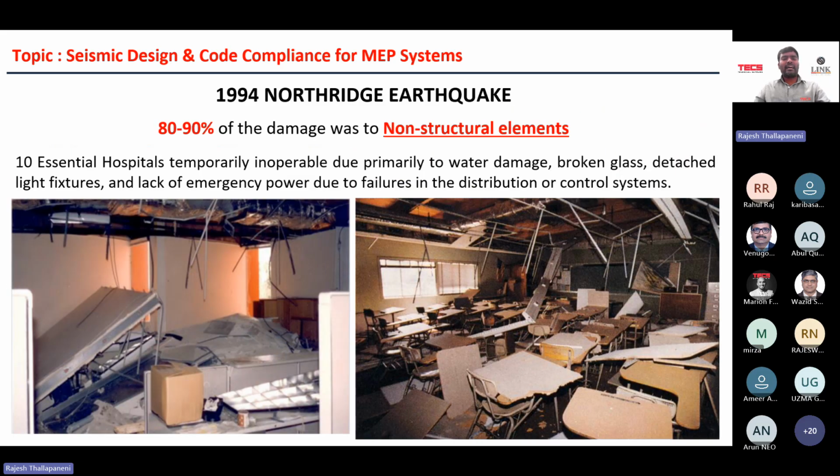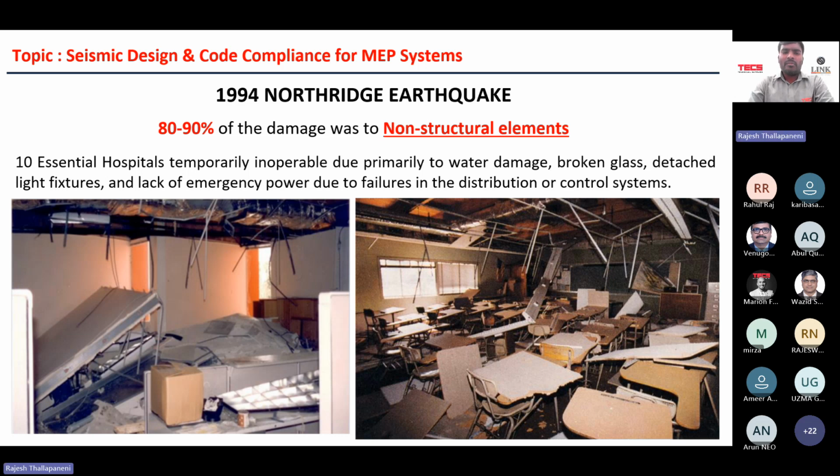Then moving forward, I would like to give another example: in 1994, there was an earthquake in California. It's called the Northridge earthquake. If you Google it, there are a lot of articles, a lot of journals, and a lot of codes have been amended on this particular aspect.